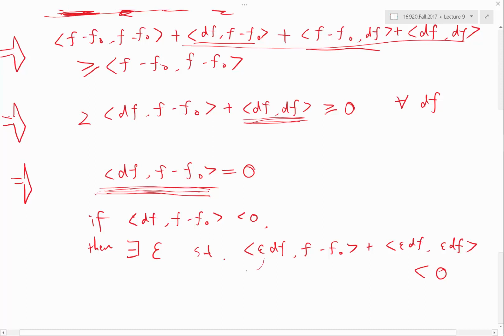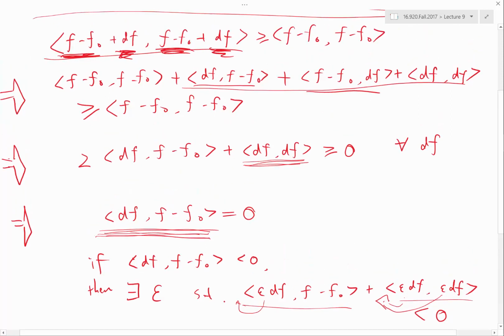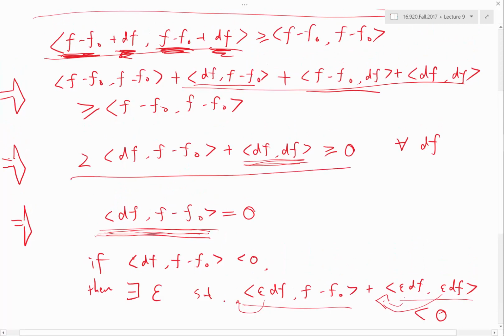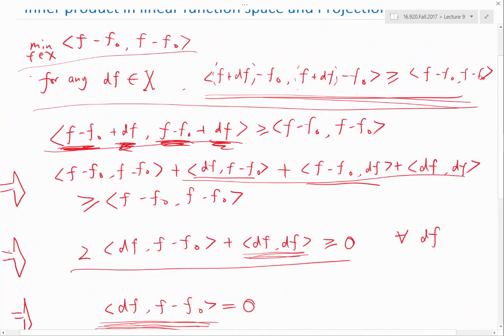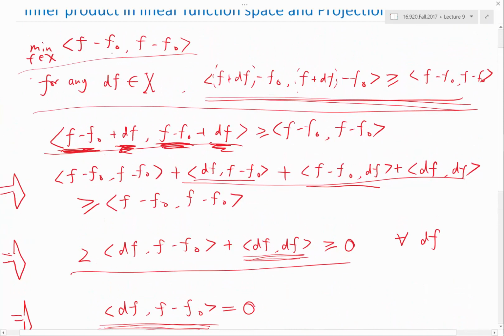Because this term scales linearly with epsilon, and this term scales quadratically with epsilon. So as you make epsilon smaller and smaller, this term, which is negative, always wins over this term that is positive. So I can always choose a small enough epsilon to make this less than 0. That means this statement cannot be true for any df, because I can use epsilon df as a df. That means the f would no longer minimize this distance.